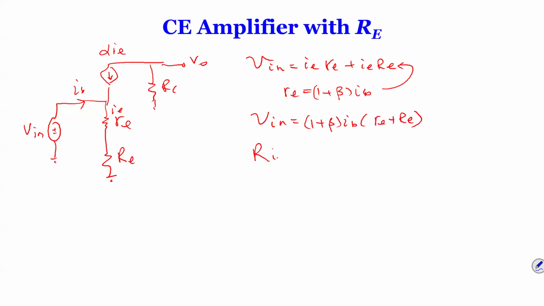We get R in equal to V in over I in, which is equal to V in over IB, and equal to... this one you can further simplify.